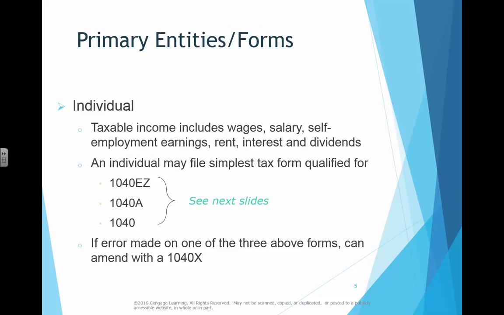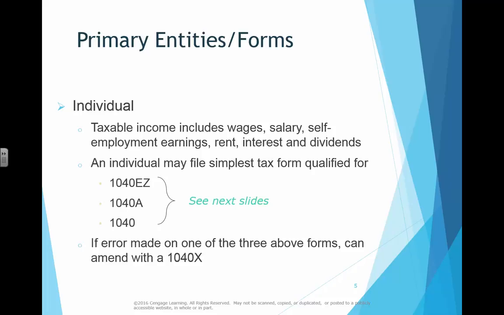As I said earlier, we're going to be focusing on individual tax returns. There are really 3 primary tax returns: 1040EZ, 1040A, and 1040. The very first couple of people will be doing one of each, the EZ and the A, but the rest of the class will be 1040s.